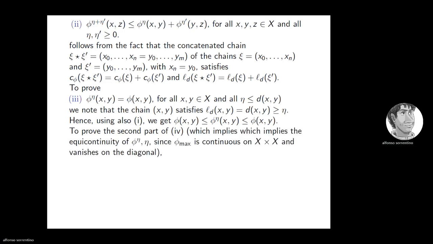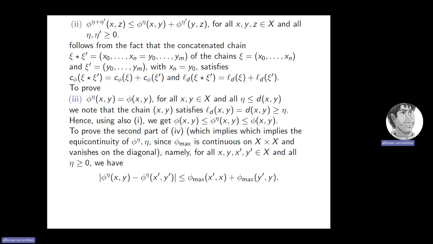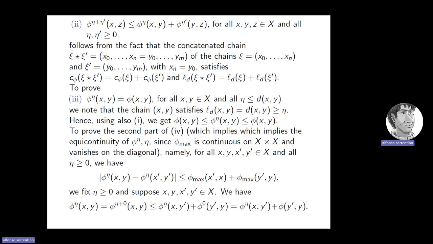So, the second part of 4 was this one here: the inequality which, as I said, implies the equicontinuity. Now, fix eta non-negative, and suppose you have x, y, x prime, y prime in X. So you can look at phi eta of xy.